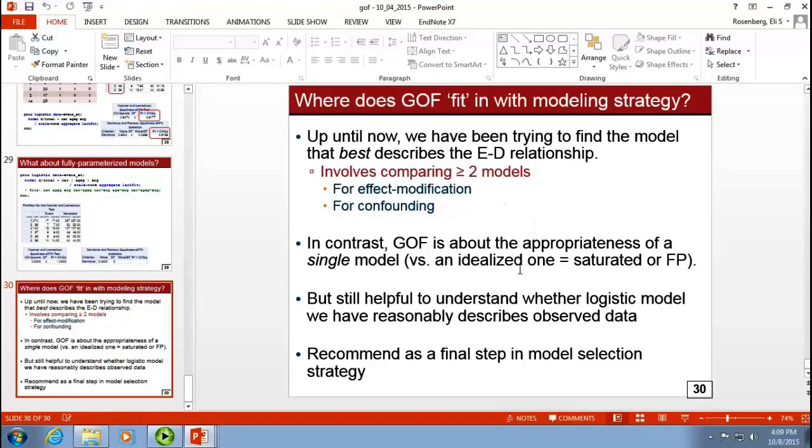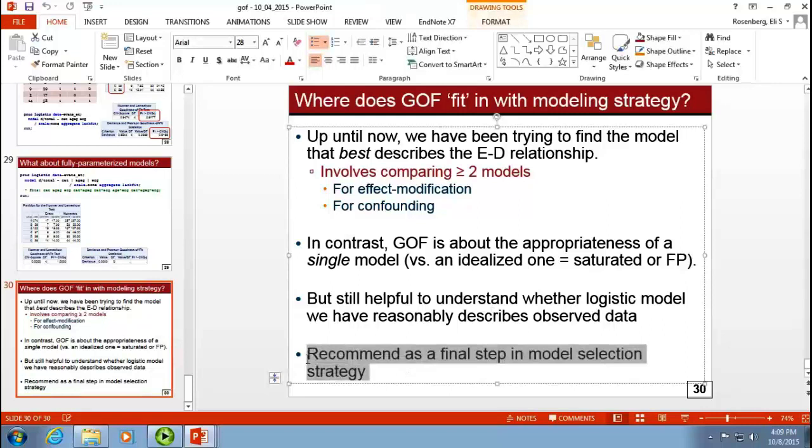And I recommend it as a final step in model selection. Imagine you've done everything we've set up until now, and you think you've got the best models. Check the goodness of fit before you report it, because you wouldn't want to report a model that doesn't work for your data set.